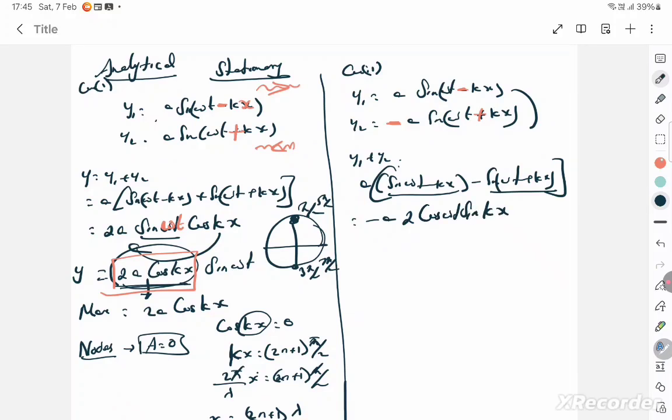In this, the omega t factor is with a cos, so take it to the other side towards the end. So minus 2a sine kx and then cos omega t. So this becomes your maximum amplitude.